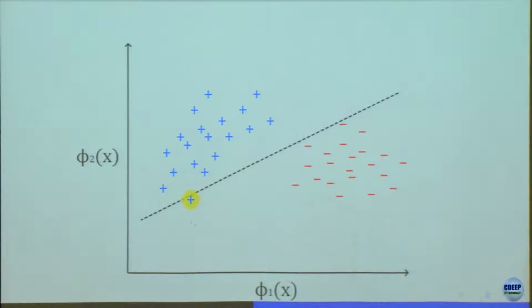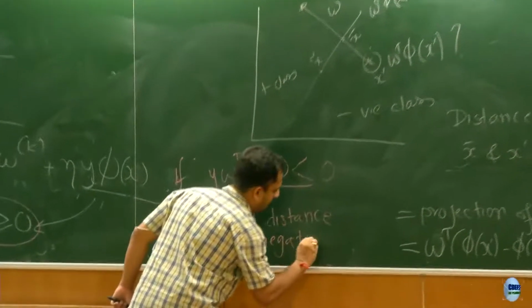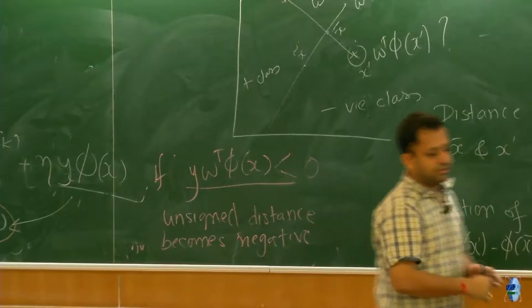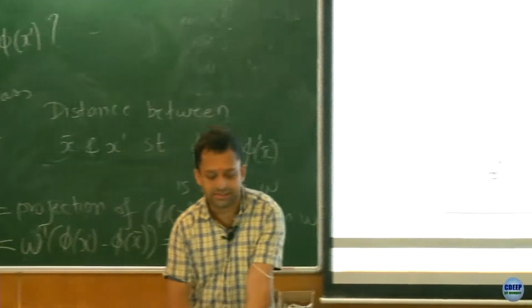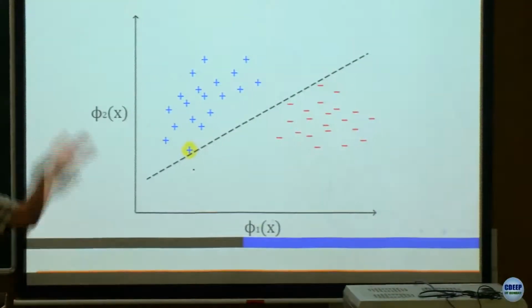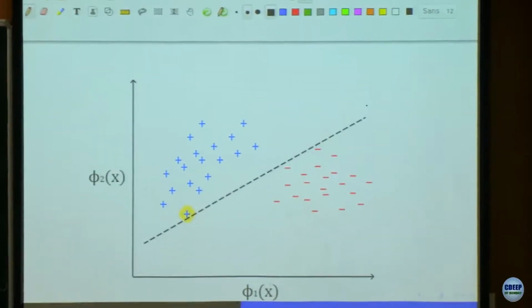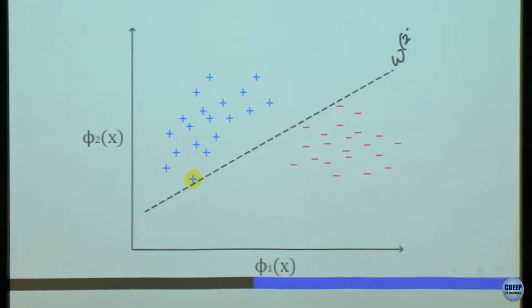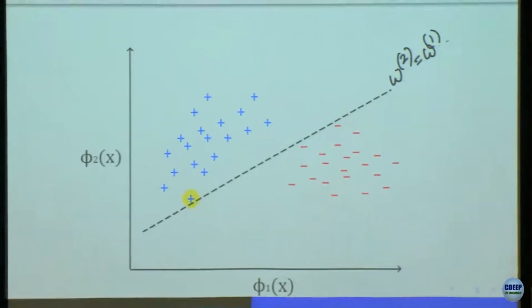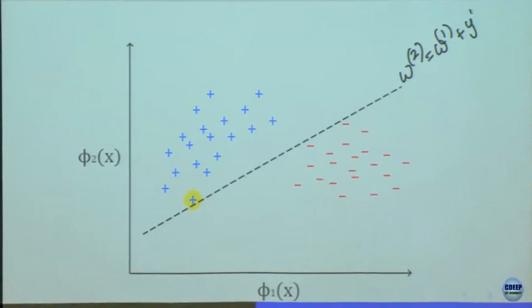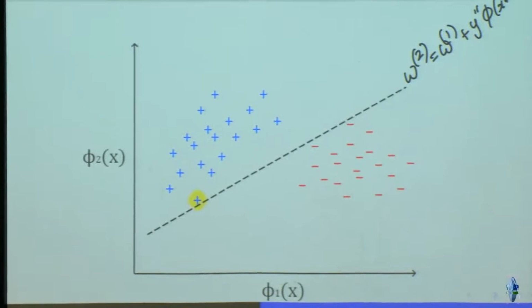It says that this has a negative unsigned distance, right? And unsigned becomes signed in the sense it became negative. For when we say signed, we mean it's negative. So it has become negative, x double prime's unsigned distance, and now you have updated the classifier to move it up, and this is W2 equals W1 plus again y double prime phi x double prime.